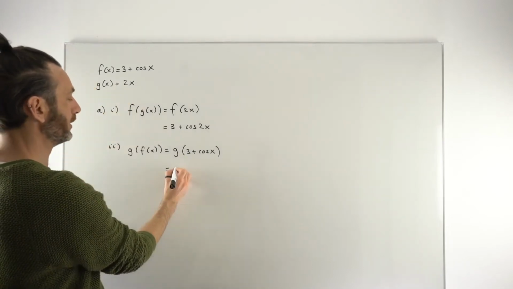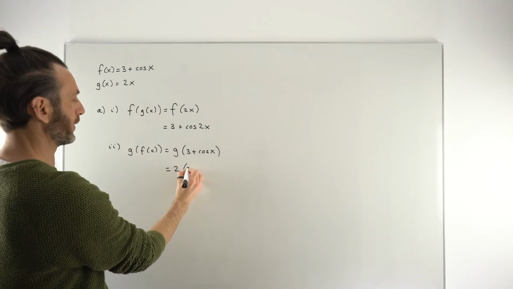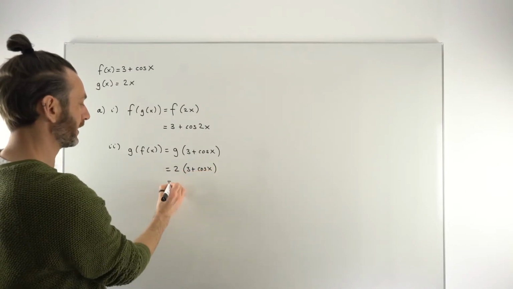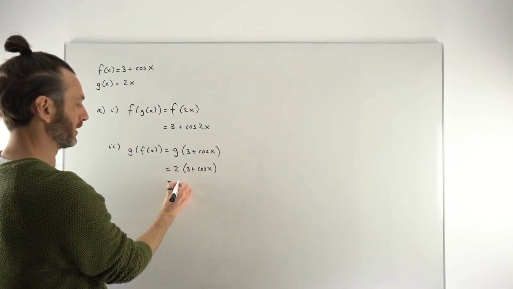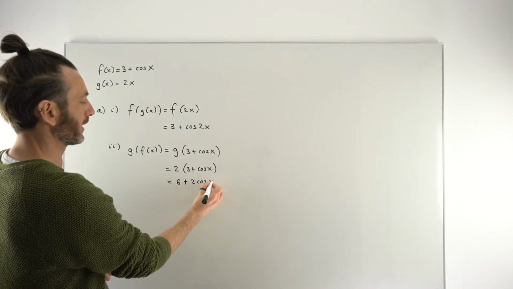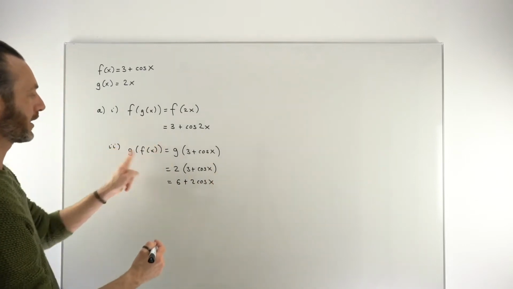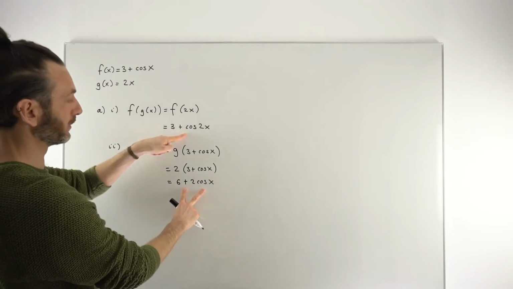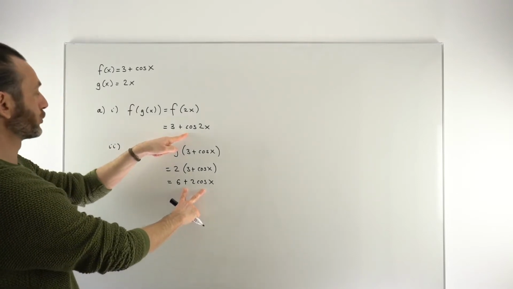So keeping the 2, and replacing the x with 3 plus cos x, using a bracket to separate those out. Then multiplying out the bracket, 2 times 3 gives you 6, 2 times cos x gives you 2 cos x. You can see these two different directions, the composite f of g and then g of f, have given completely different answers, which is generally the case.